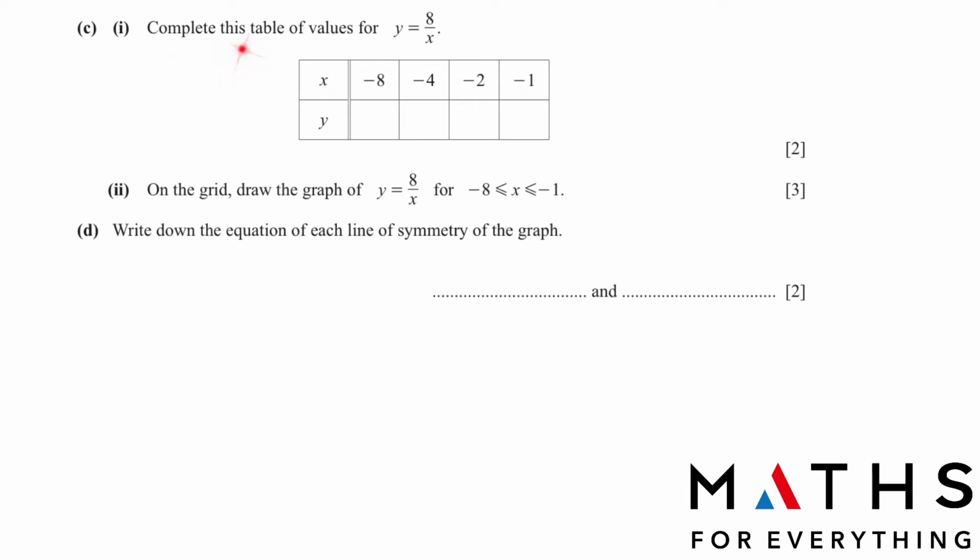Next, complete this table of values for y is equal to 8 over x. It's very easy. Just divide 8 by the x values. So 8 divided by negative 8 is negative 1. 8 divided by negative 4, you will get negative 2, negative 4, and negative 8. On the grid, we have to draw the graph of y is equal to 8 over x for negative 8 till negative 1 x value.